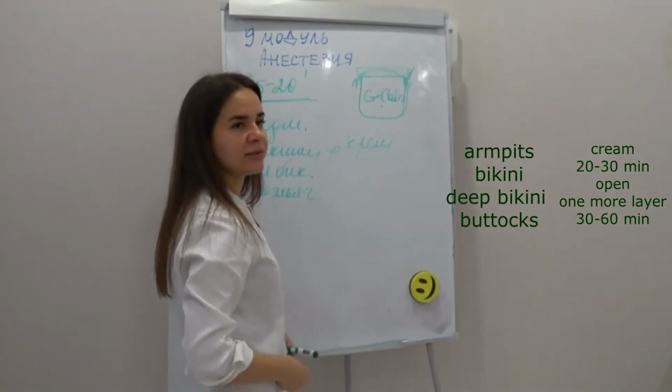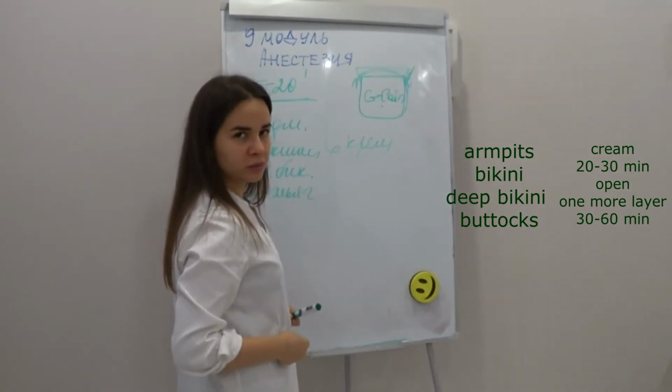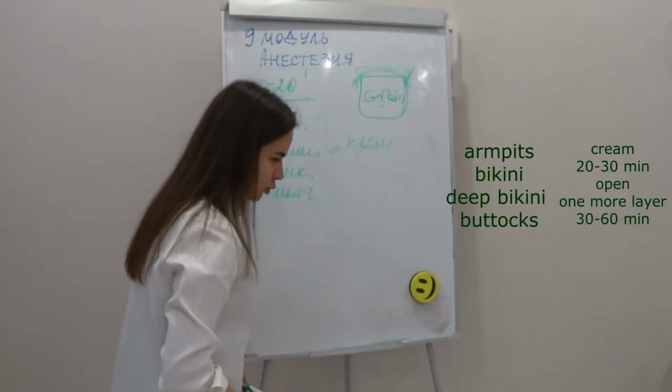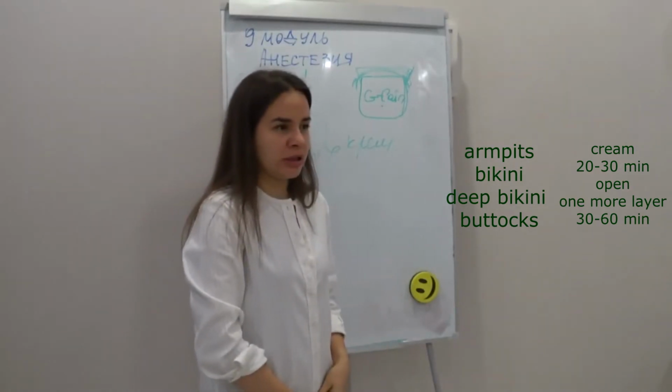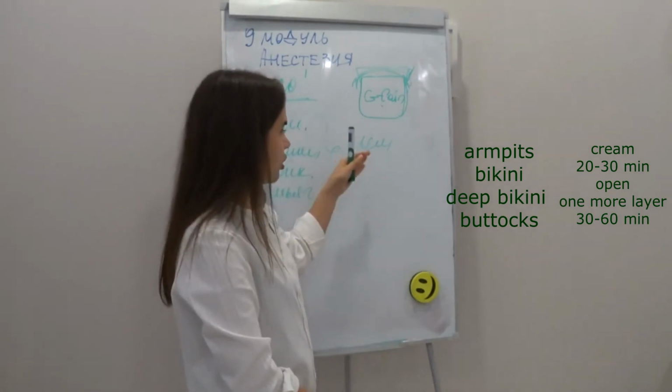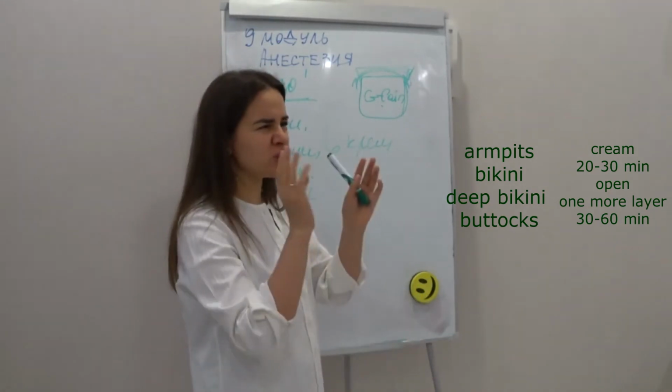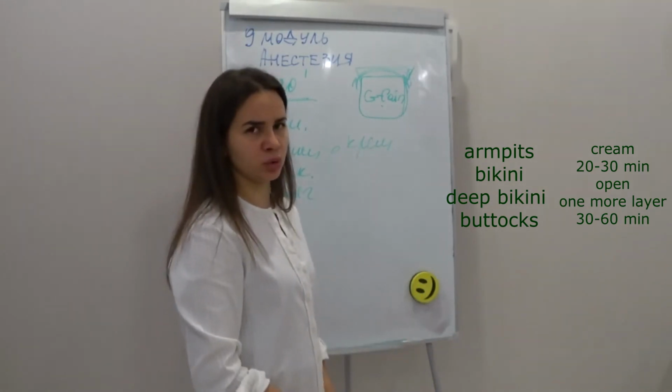Everything needs to be wrapped well and panties put on tightly on top. It shouldn't be that she covered this area and when she walked around the city everything slipped away.